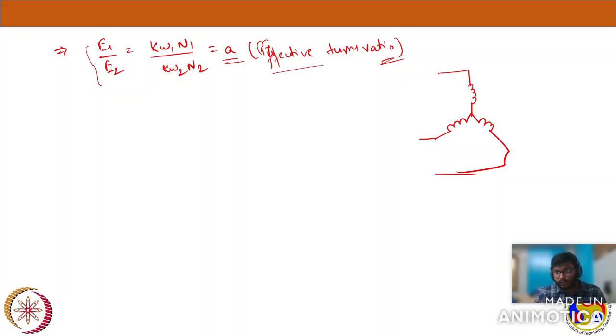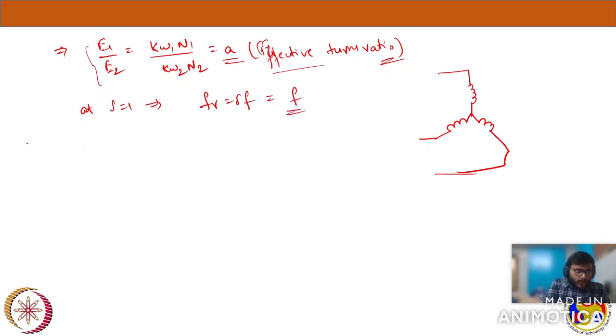At S equals 1, we discussed that rotor frequency and stator frequency will be the same, because whenever there is slip, my rotor frequency becomes SF, but when S equals 1, your rotor frequency will also equal F. So FR equals SF, which equals F.